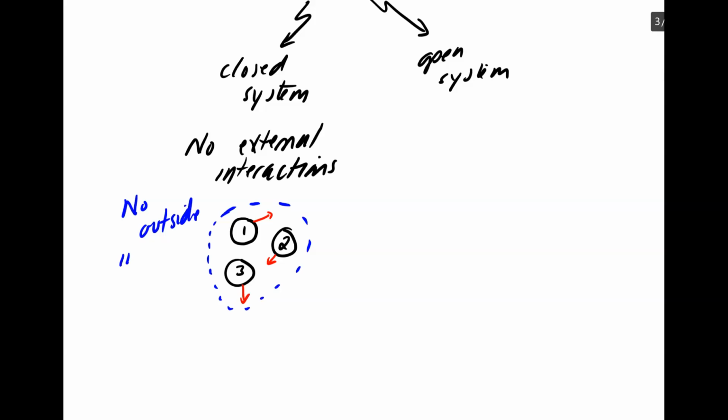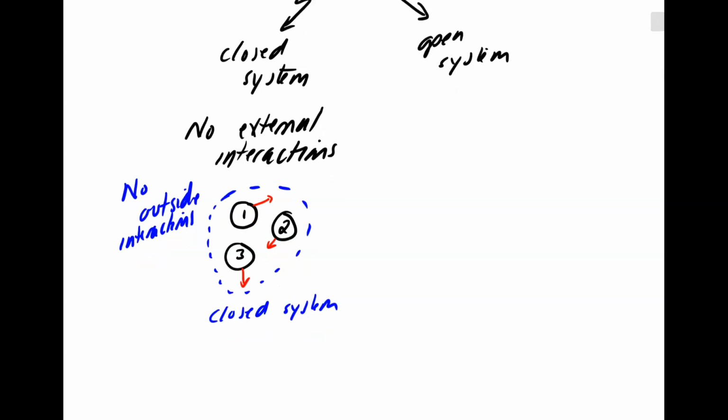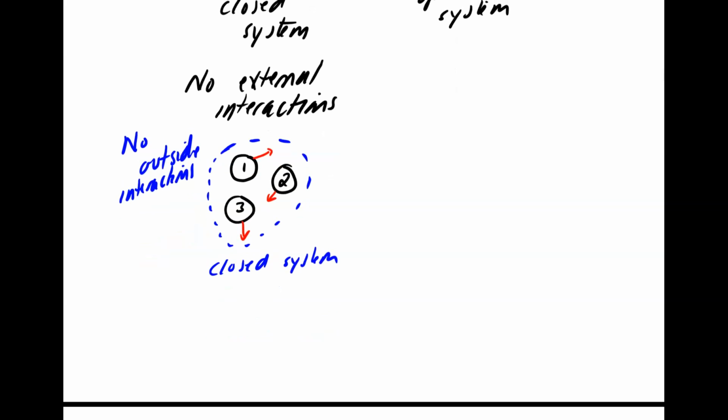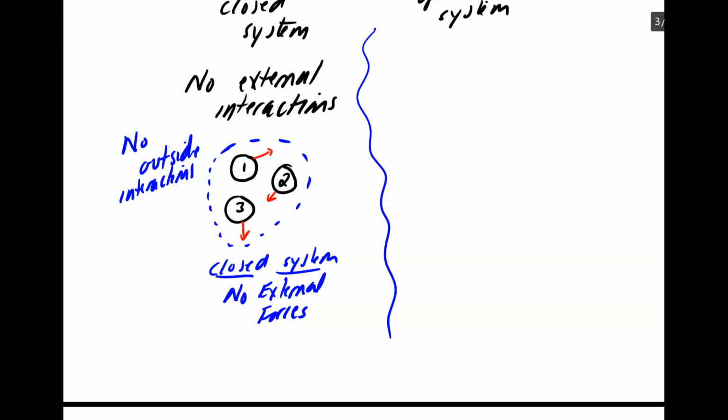If there are no outside interactions, then this would be a closed system. In a closed system, there are no external forces. So the momentum in a closed system will always stay constant. Momentum in a closed system will always be conserved.